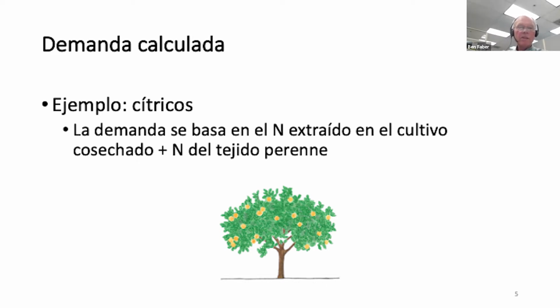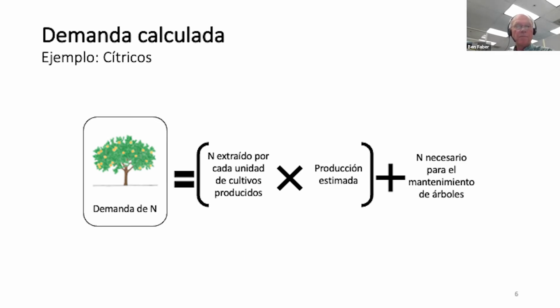So in the case of citrus, we are looking at primarily the demand on nitrogen in the crop that's harvested, as well as that which is in the perennial tissue. So we can actually look at the total crop load that's removed, 20,000 or 30,000 pounds of citrus, and estimate that the crop load is 25 pounds of nitrogen per ton, and get an estimate of actual requirement just from the load of fruit that's coming off the tree.